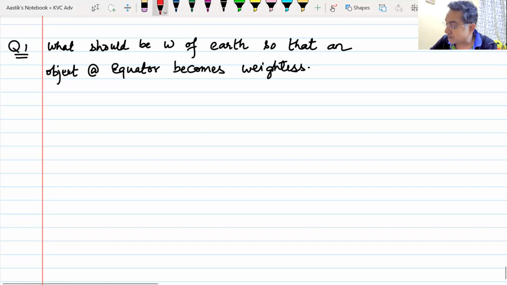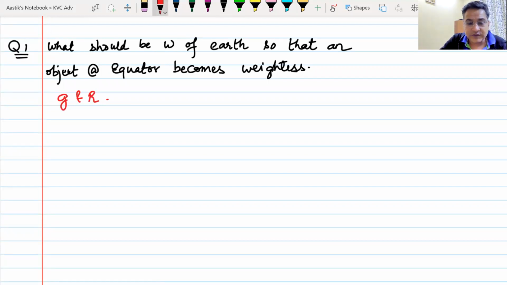You should get your answer in terms of g and R. What is g and R? g is your acceleration due to gravity, and R is the radius of Earth. I will give you 2 minutes to do this.